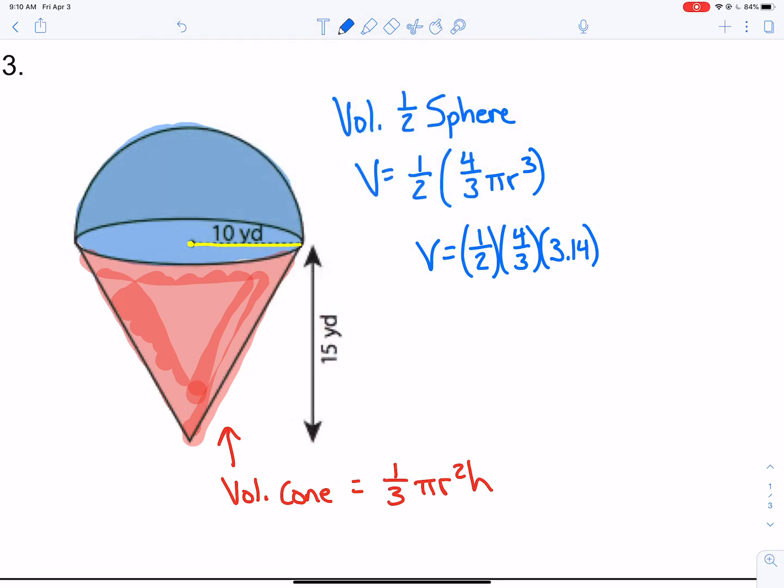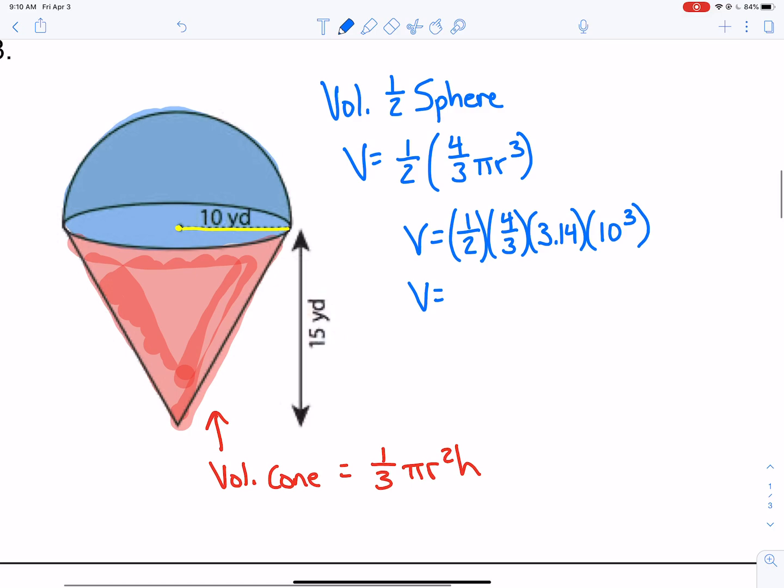So we just have to plug in 10 cubed. So when you calculate all of that, you get 2,093 and 1/3, but we'll just put 0.3 repeating cubic yards.